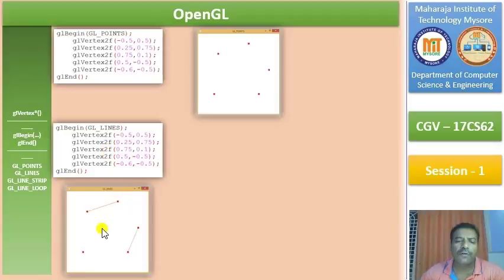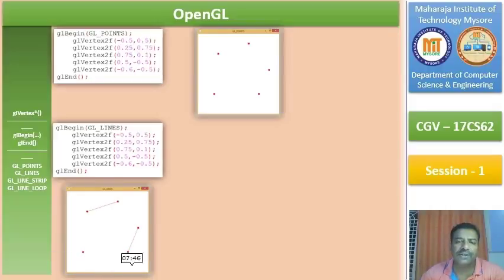To draw the third line, there is no sixth point, there are only 5 points. If there was a sixth point, I would have used 5 and 6 and drawn the next line. But there is no such point, hence this is either drawn just as a point or ignored. This is how GL_LINES is going to behave.